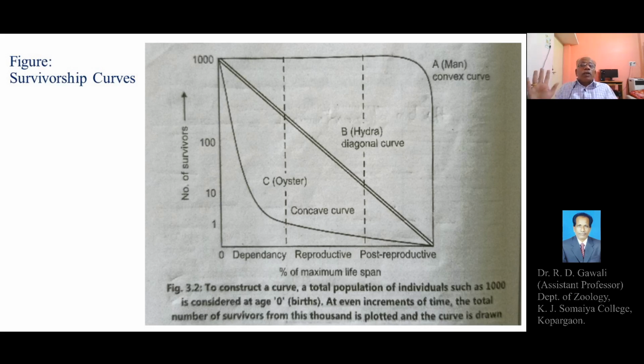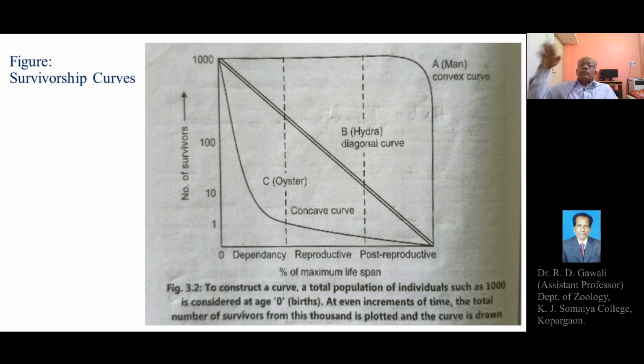Survivorship curve, or concave curve: we are studying the survival rate, or survivorship, of a population. For survivorship curves, we consider the specific mortality rate in a population. In the first case, when the death rate is constant throughout all ages, it represents the straight or diagonal curve.